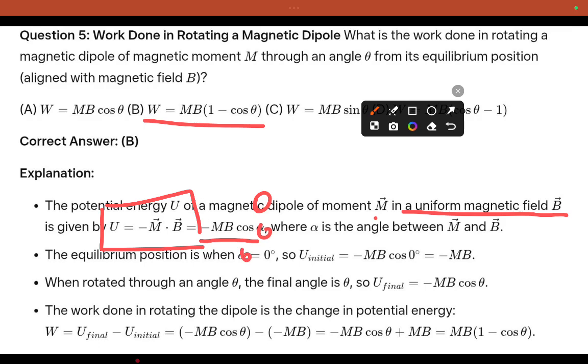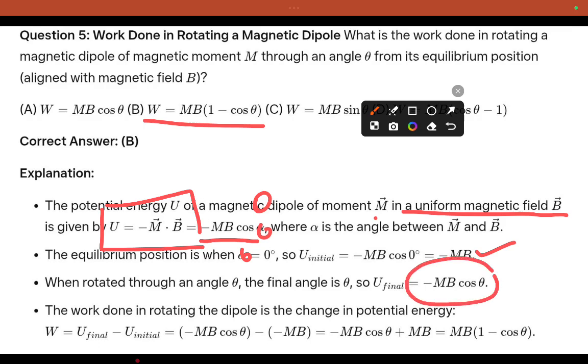When theta is 0, the potential energy is at its minimum, minus M B cos theta, which is minus M B. When rotated through angle theta, the final potential energy will be minus M B cos theta.